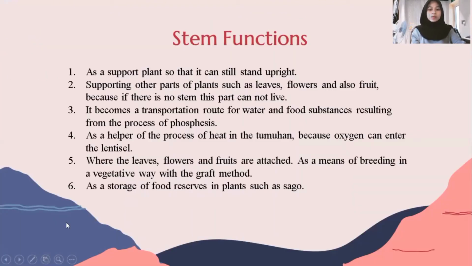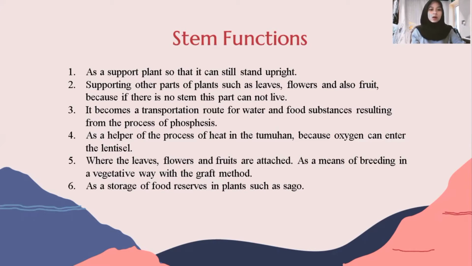The stem functions as a support for the plant so that it can still stand upright, supporting other parts of plants such as leaves, flowers, and also fruit. Because if there is no stem, these parts cannot live. It becomes a transportation route for water and food substances resulting from the process of photosynthesis.